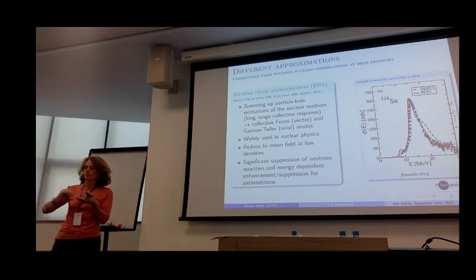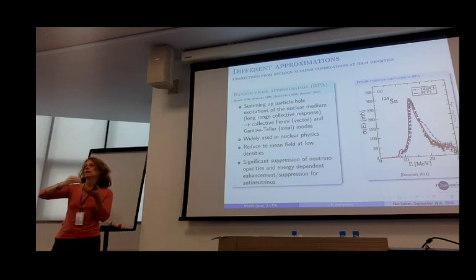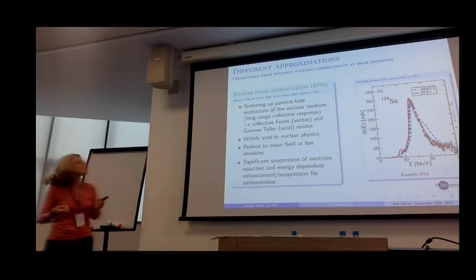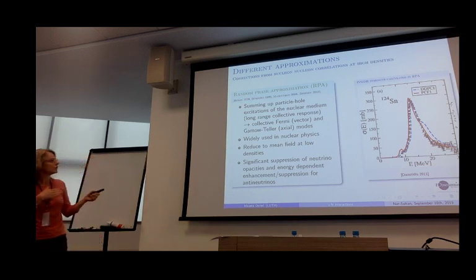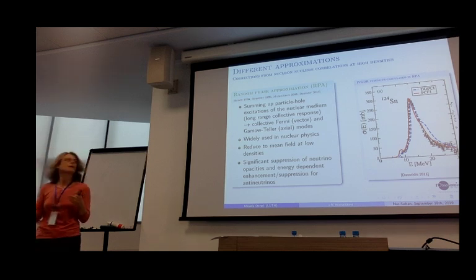This means you have the Fermi sea of your nuclear matter, and you put a particle above the Fermi sea, leaving a hole, so you have an excitation of a particle in the medium. Again, you have the vector and the axial channel, and this type of approximation is widely used in nuclear physics to describe resonances of nuclei.